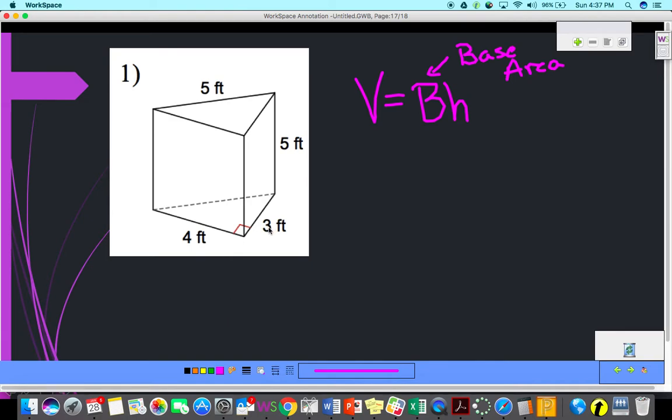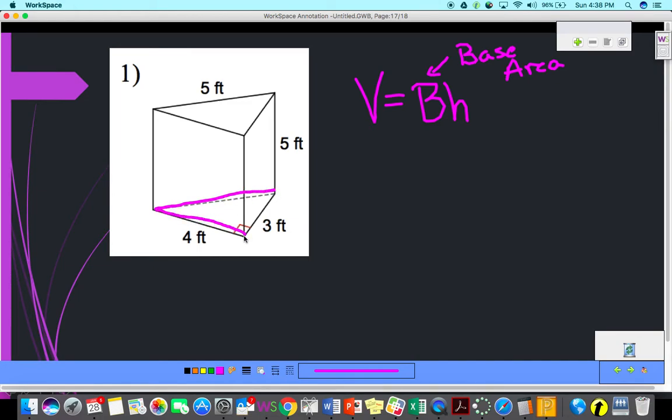The base of a three-dimensional shape is the shape that goes throughout in the exact same way through a three-dimensional shape. So this rectangle here, a lot of people will look at and say, oh, that's the base. But if I repeat that rectangle over and over in the same way, I'm not going to create a triangular prism. I would create a rectangular prism. The base on this shape is this triangle.